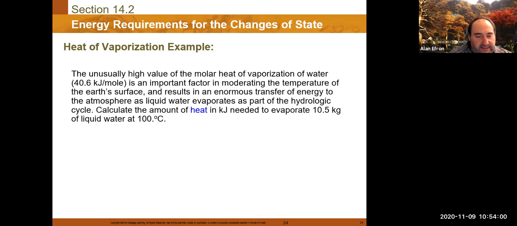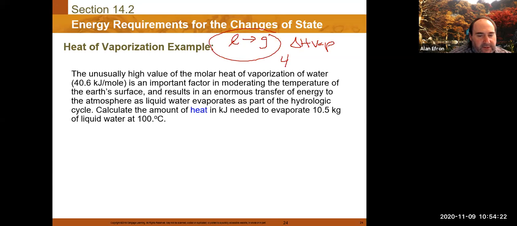So, for example, if we had 10.5 grams of liquid water and we want to calculate the amount of heat required for it to evaporate, we are going from the liquid state to the gas state. At that transition, that is going to be our delta H of vaporization.